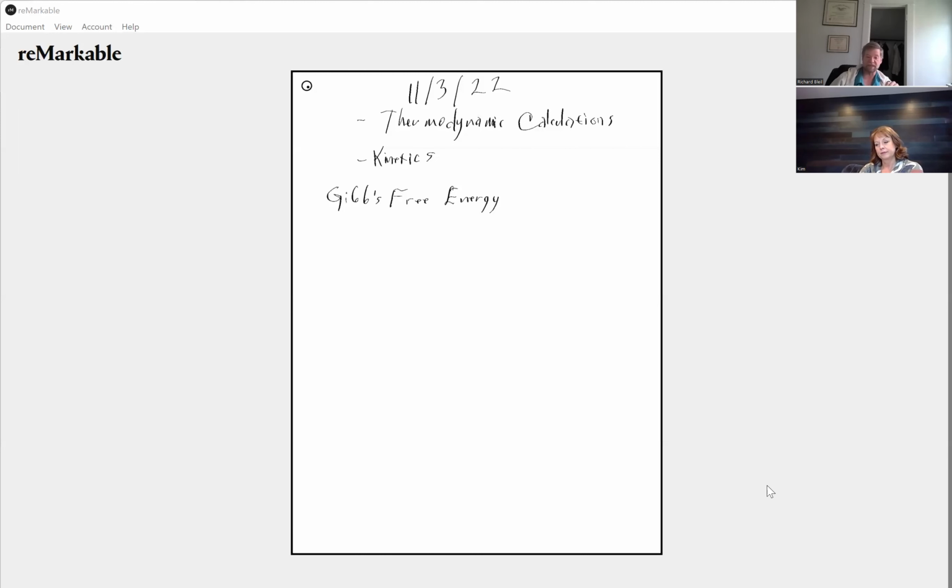That's what keeps us alive. Some of those processes are not spontaneous. That means that in order for them to occur, and they must occur, there has to be an external source of energy.